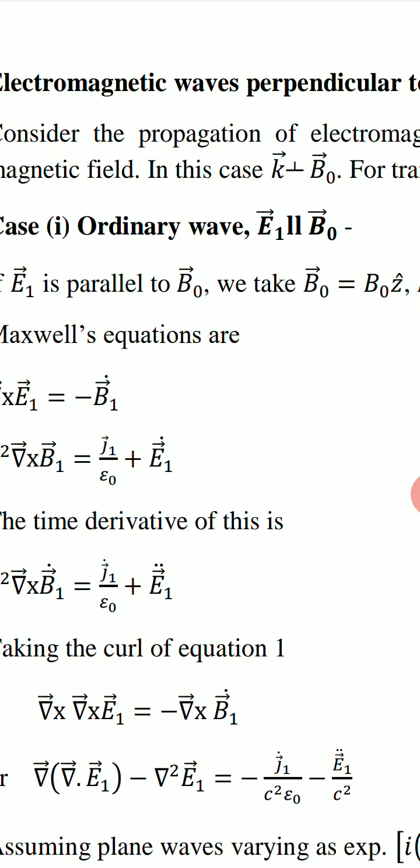Now, electromagnetic wave. In electromagnetic wave, we have oscillations of electric field and magnetic field vectors. We have oscillations of E vector and B vector. And K vector represents the direction of propagation of electromagnetic wave.